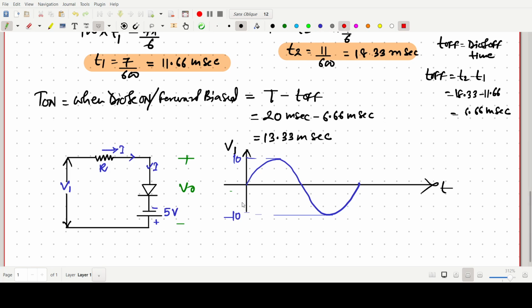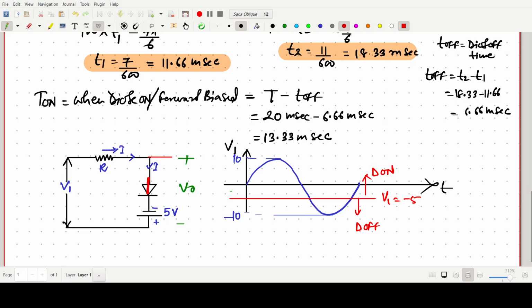Then we draw a line, V1 equals minus 5, the transition line. Above this point the diode will be on, and below this the diode will be off.